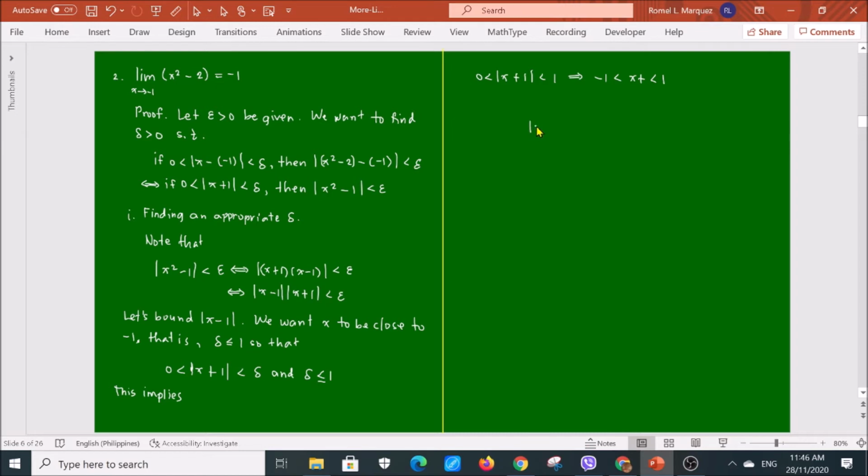Again, if I have the absolute value of a less than a certain positive number, let's say 2, it is equivalent to a being between negative 2 and positive 2. So that's how I write without absolute value.